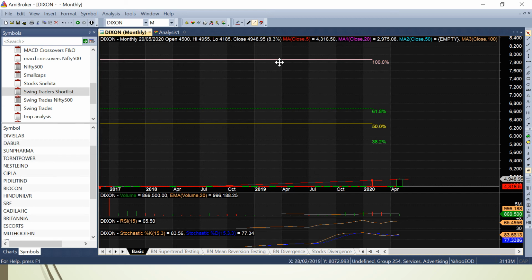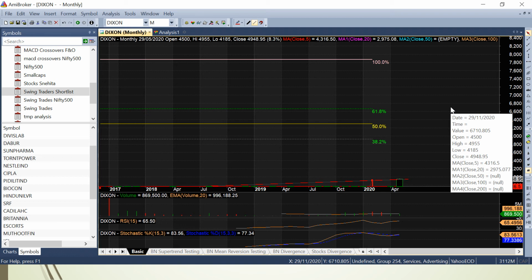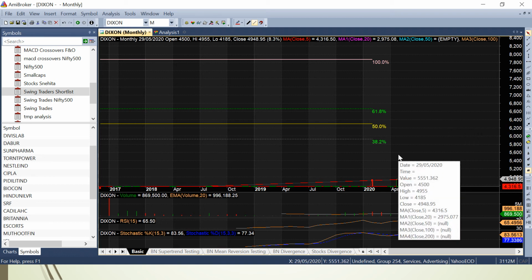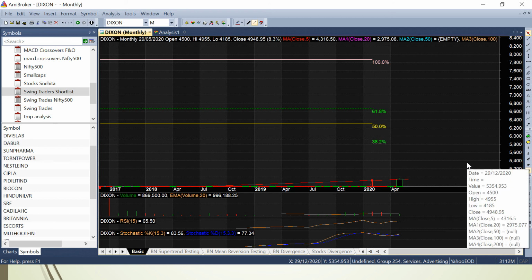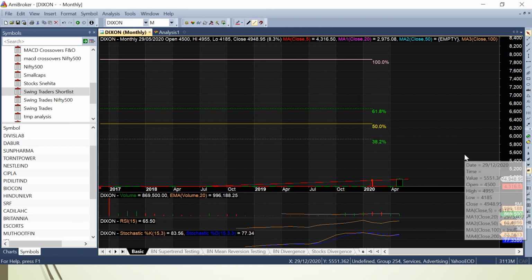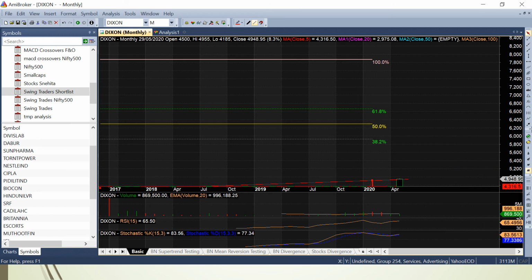So this way, using Fibonacci extension is a great tool to have and to know, right? If a stock is going to trade in unknown territory, lifetime high territory, then you use Fibonacci extension to project the future price targets. All right, so now I hope you have learned what to do. You will need to practice this. If you practice it more and more in your ongoing trades going forward, you will definitely become a better trader.